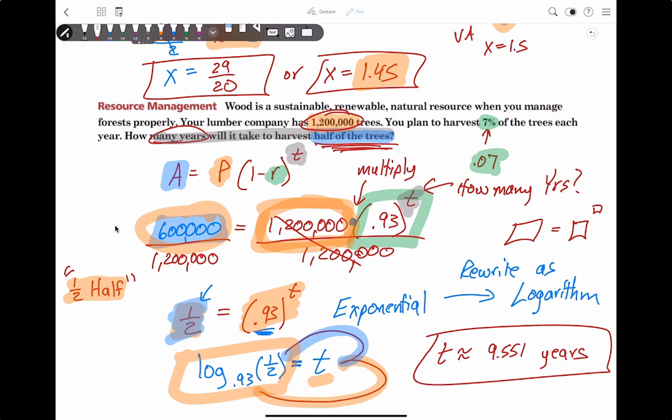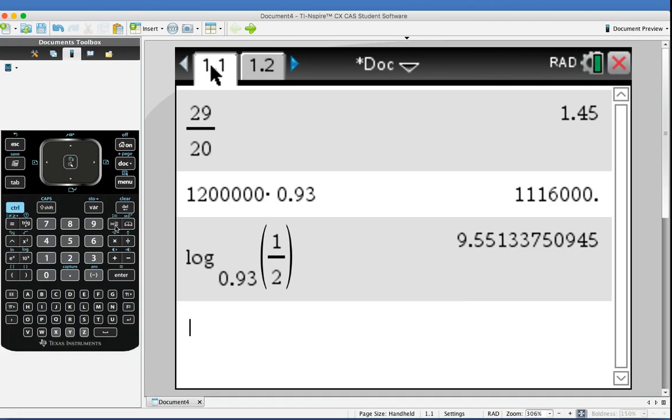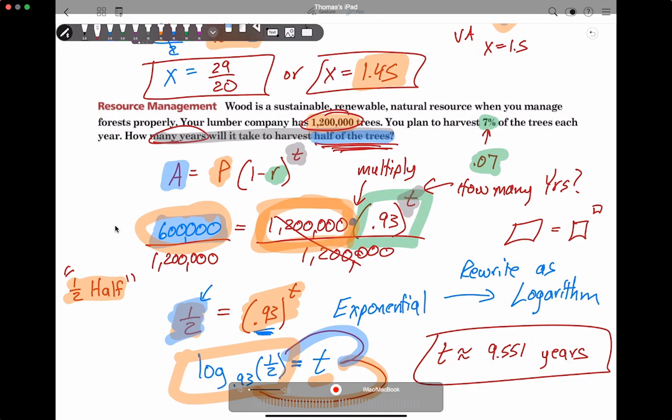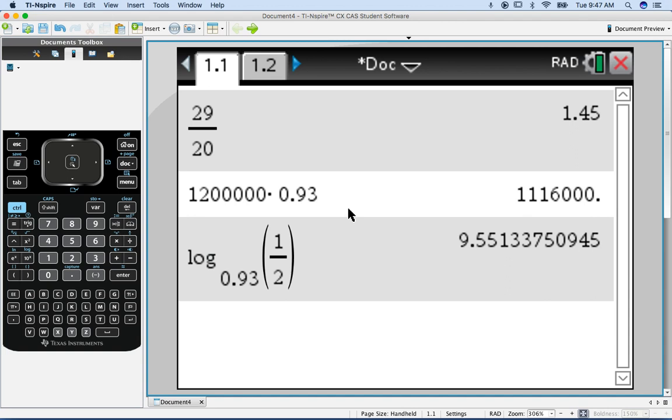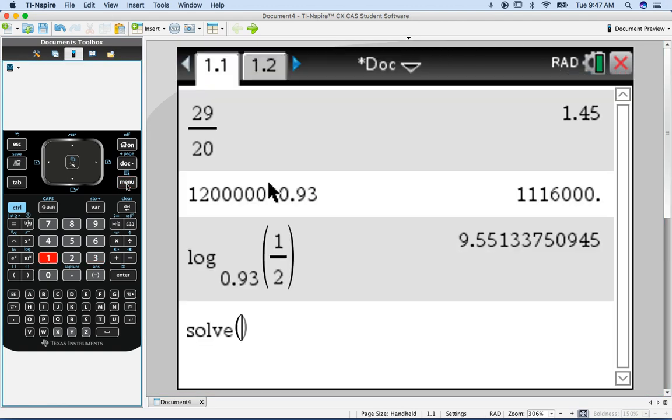And yes, as far as just to check it, for the sake of time, I'm not going to show you the graphing or a table. I'm just going to show you the solve feature, okay? So my initial thing that we had was 600,000 is equal to this stuff here. And if I did that as a solve feature, I could say menu 3.1. Again, this is just to check our work. This is not to replace our work.